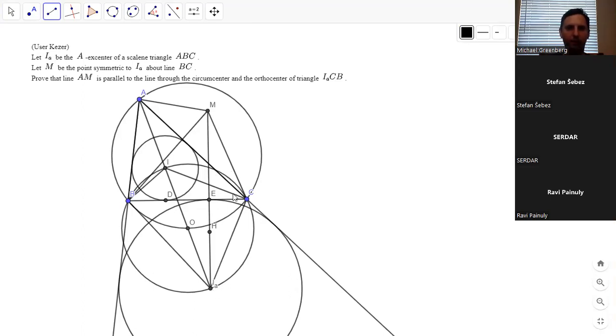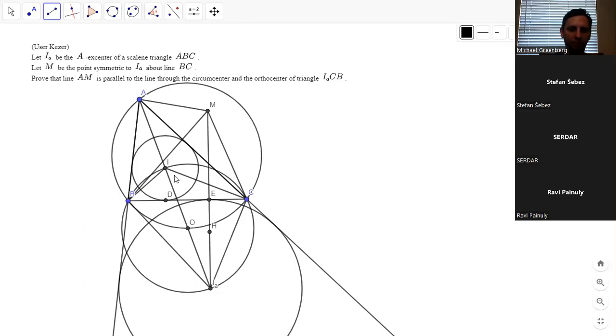IAH is twice the distance from O to BC. We write that IAM equals twice IAE. And also we know that O is the midpoint of IAI. So we have to prove that IH is parallel to AE.